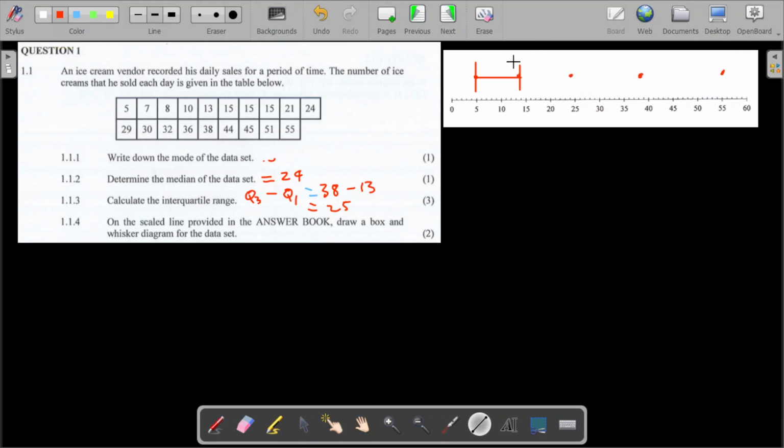Then from here I go there, and from here also going there. Then from here I join it going down, and then from here I join it going this side. Then this is going to be my box and whisker. So it's somewhere here and it's somewhere here.